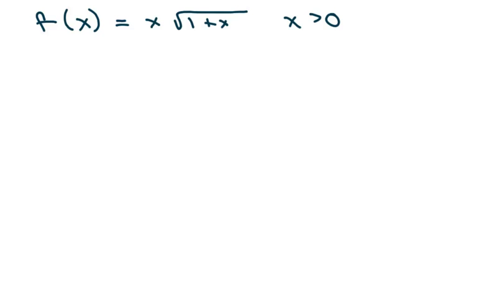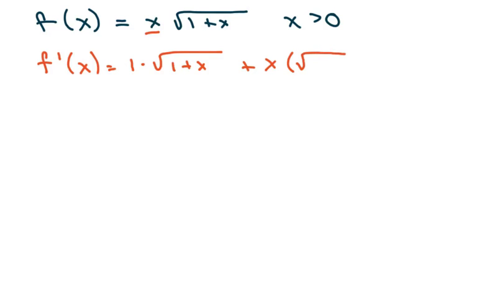All right, so let's take the derivative of f. So we take the derivative of our first piece times our second function, plus your first function times the derivative of the second function. Now what we're going to do here is write this first part down.